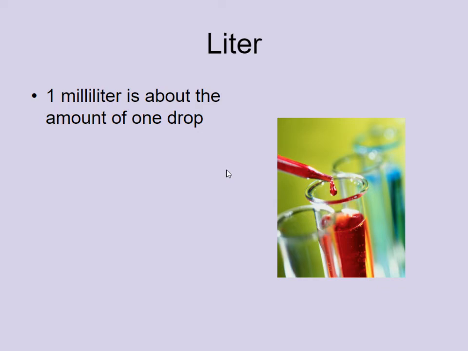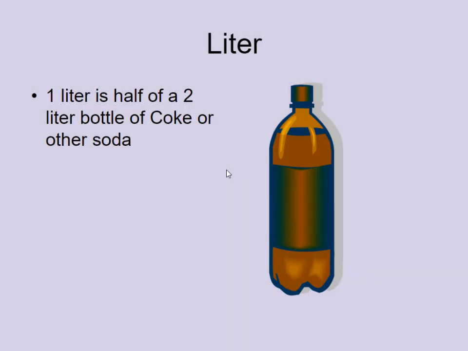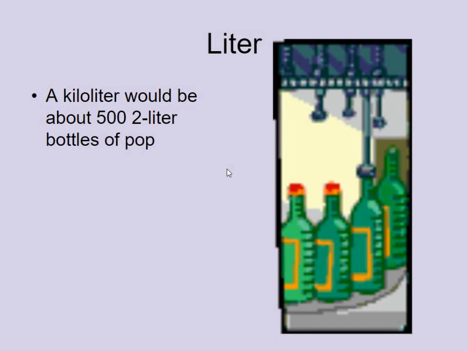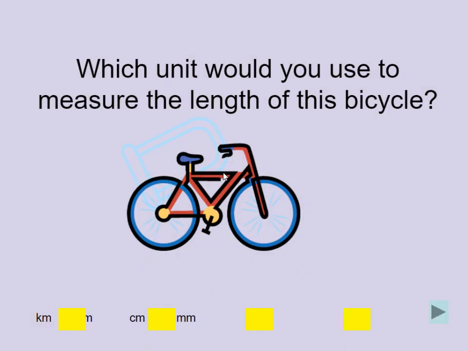So 1 milliliter is about a drop of a liquid. 1 liter, of course, is half of a 2 liter. And a kiloliter, since kilo is 1,000, and we look at 2 liters, 1,000 divided by 2 is going to be 500. If that makes sense. All right.